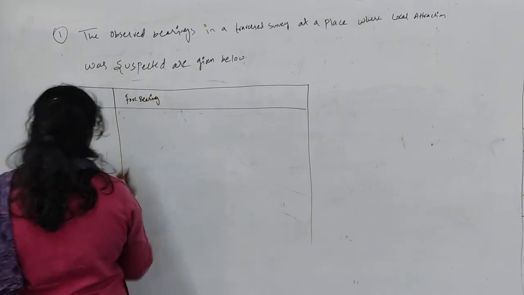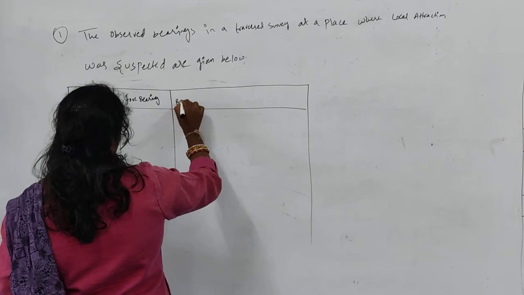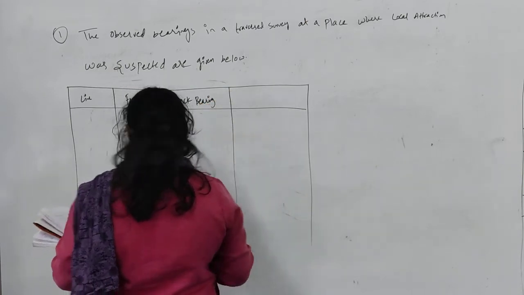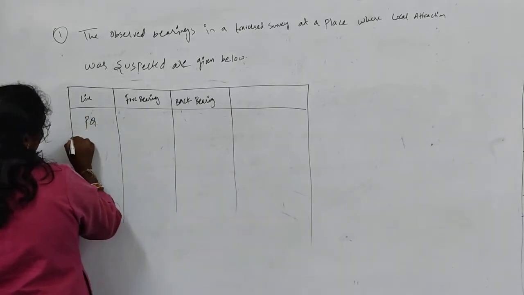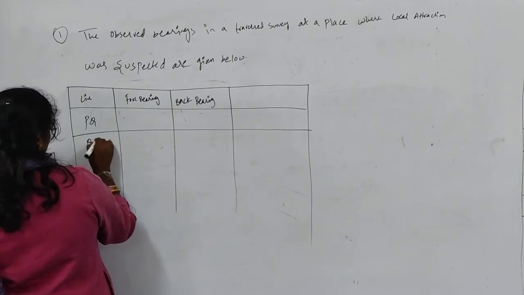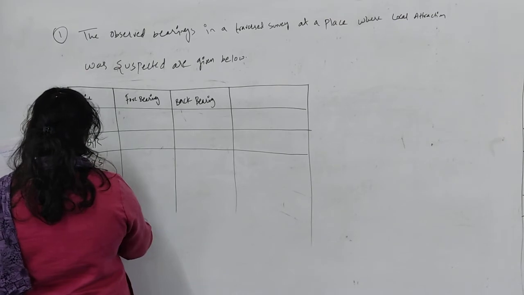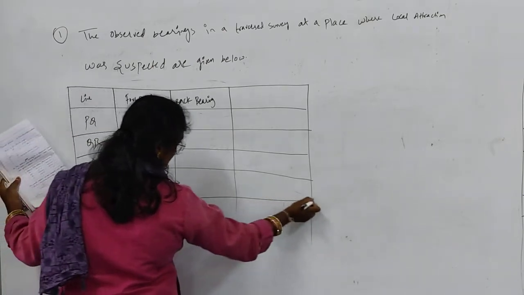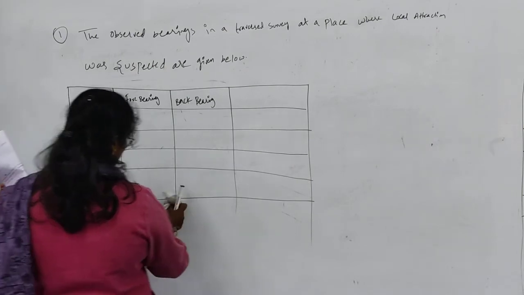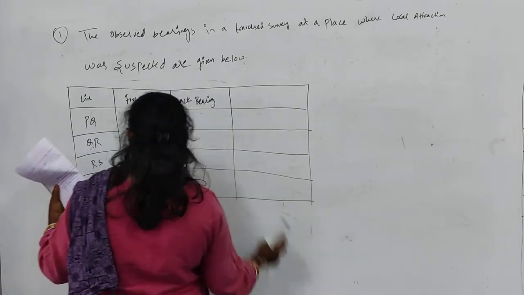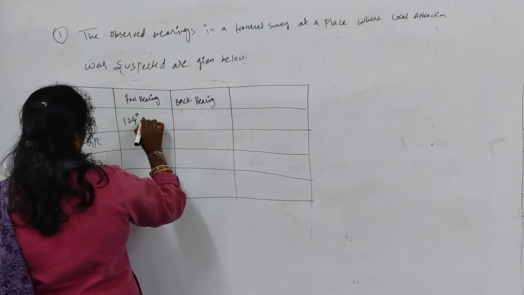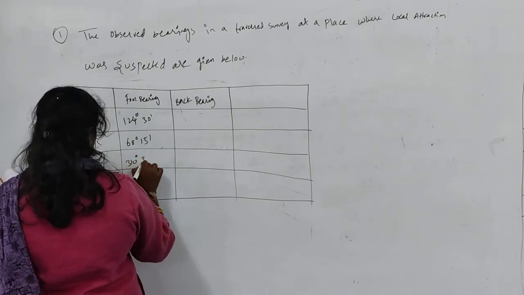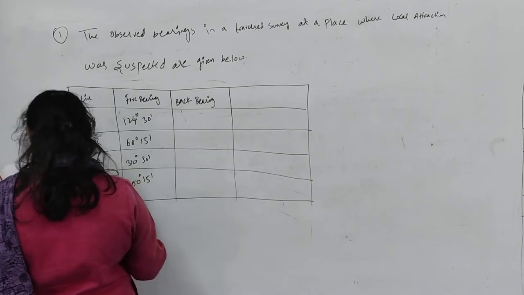Forebearing, next one is back bearing, 124 degrees 30 minutes, 68 degrees 15 minutes, 310 degrees 30 minutes, 200 degrees 15 minutes, right?